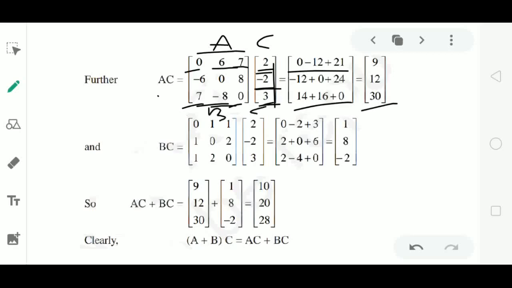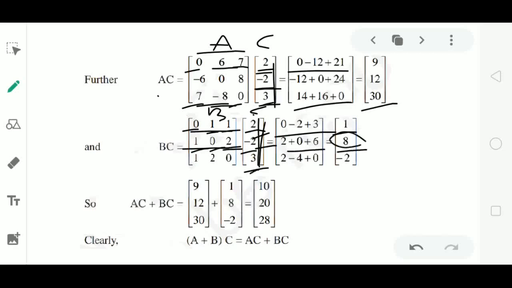B into C. Again we multiply the first row of B with the column of C: 0 into 2 plus 1 into minus 2 plus 1 into 3, which is 1. Next second row, first column: 1 into 2 plus 0 into minus 2 plus 2 into 3, which is 8.